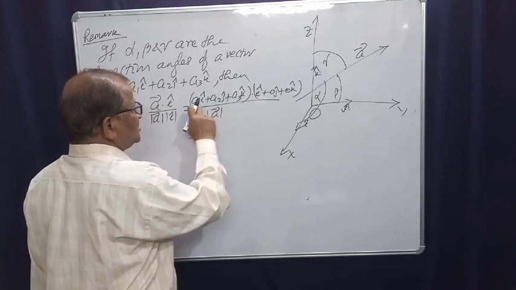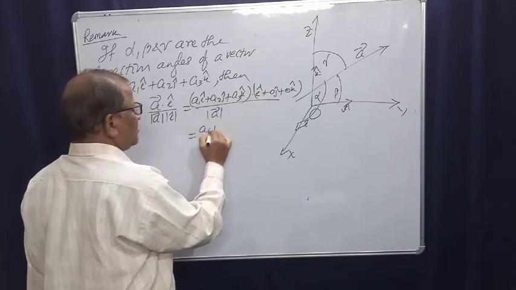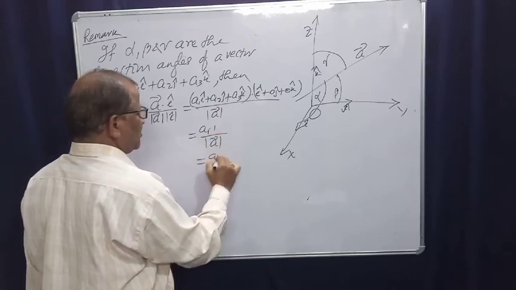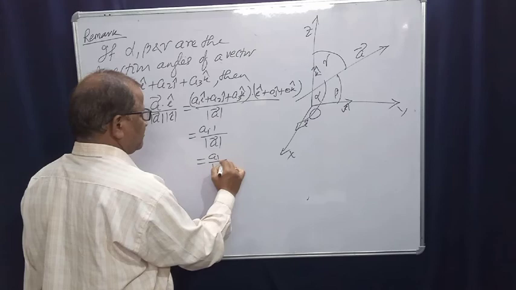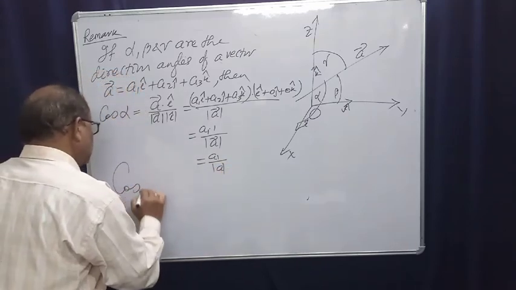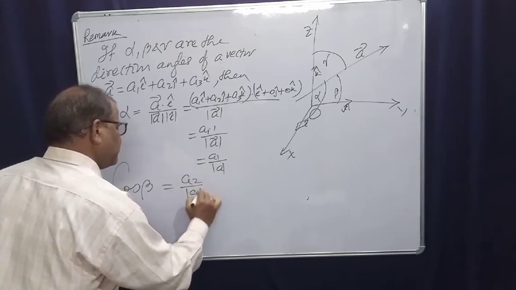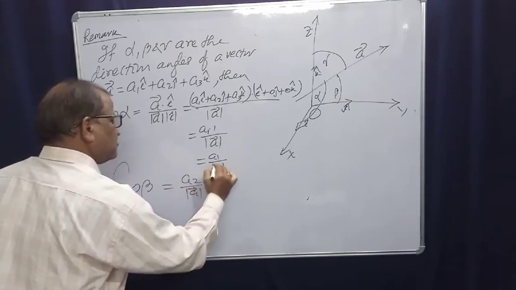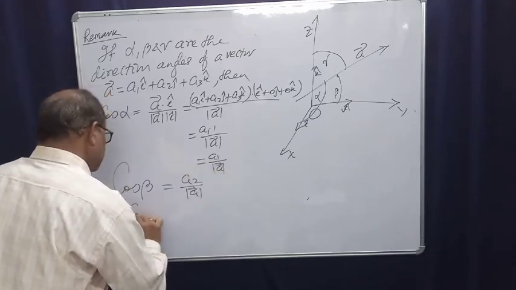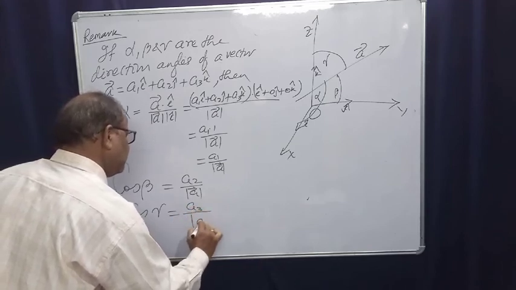So it is A1 by magnitude of A. This is cos alpha. Similarly, cos beta is A2 by magnitude of A, and cos gamma is A3 by magnitude of A.